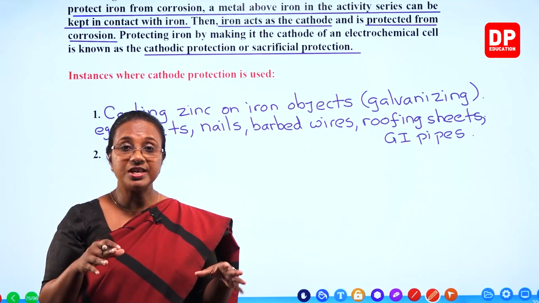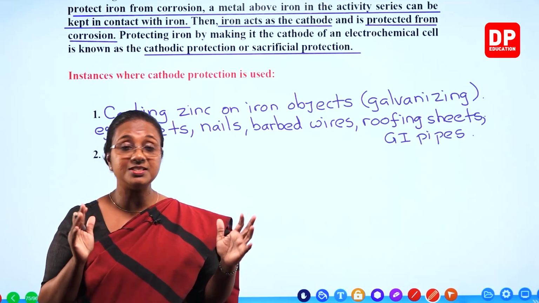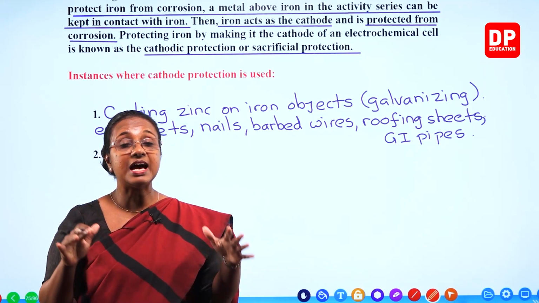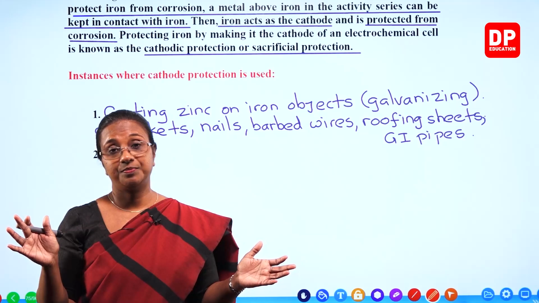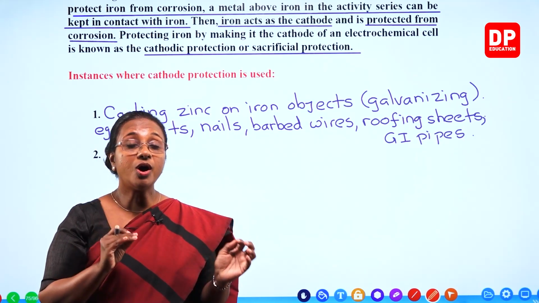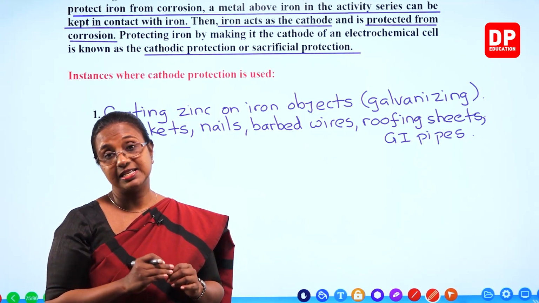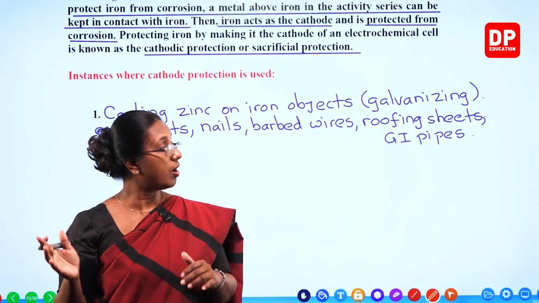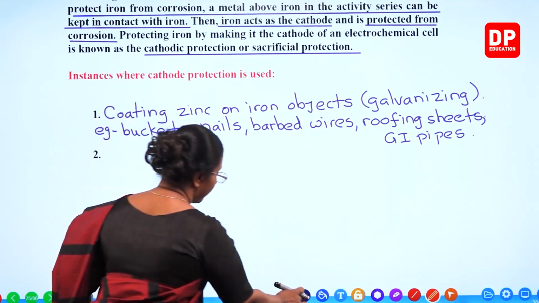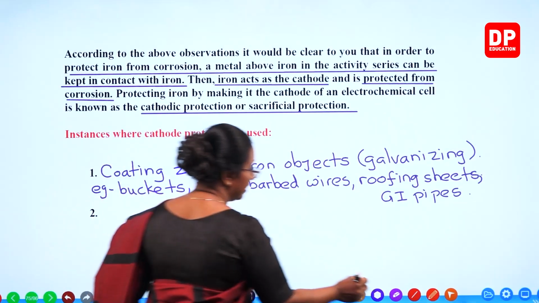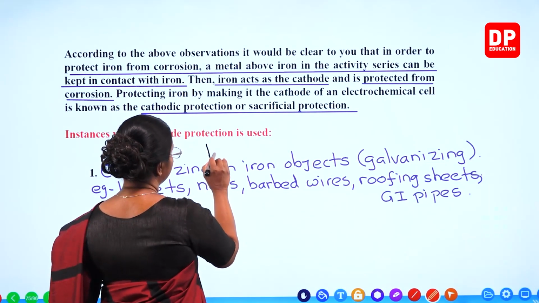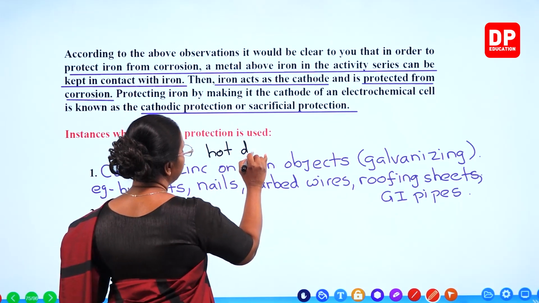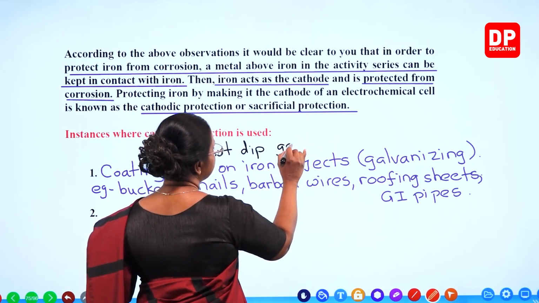So in this process, they dip or submerge an iron object inside molten zinc liquid. That is known as hot dip galvanizing. I will write that also here just for you all to remember. This process is known as hot dip galvanizing.